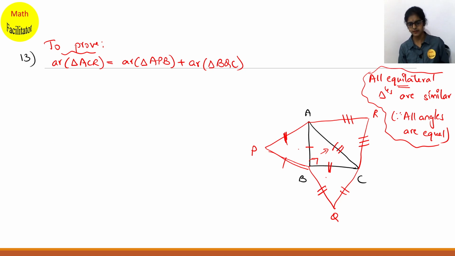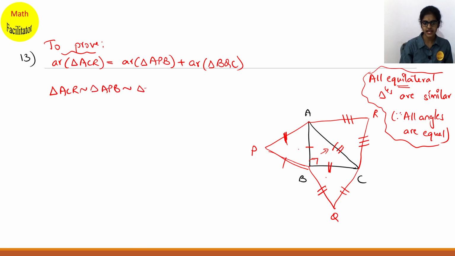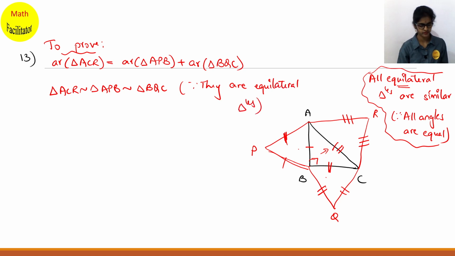Using Pythagoras theorem, AC square is equal to AB square plus BC square. And since these are all equilateral triangles, triangle ACR is similar to triangle APB is similar to triangle BQC. So firstly let us take these two triangles.